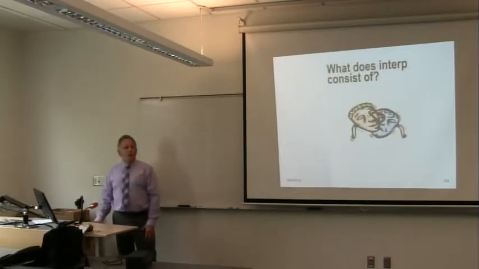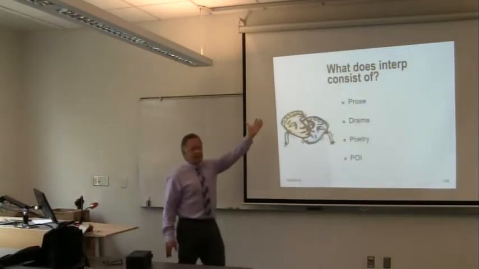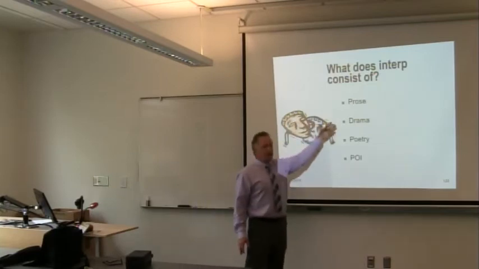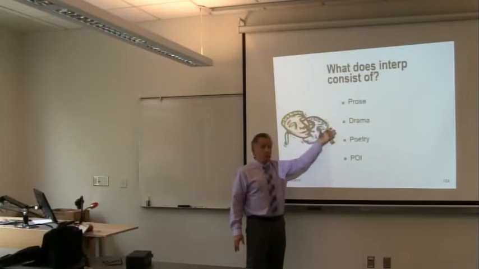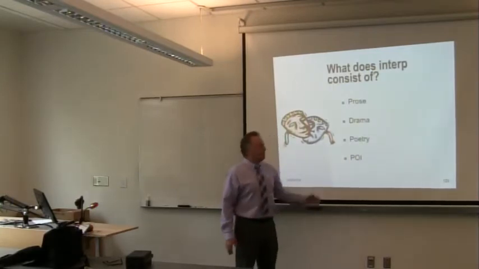So, if you want to know what consists of interp, it's these areas. Prose are things out of a book. Drama are like plays, television shows, movies. Poetry is pretty self-explanatory. POI, program oral interp, means a combination.